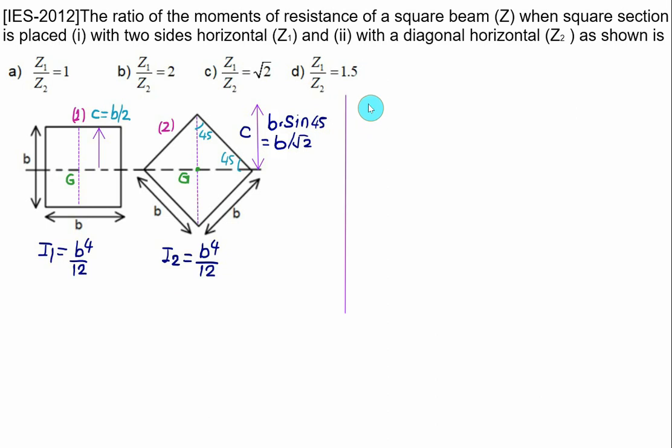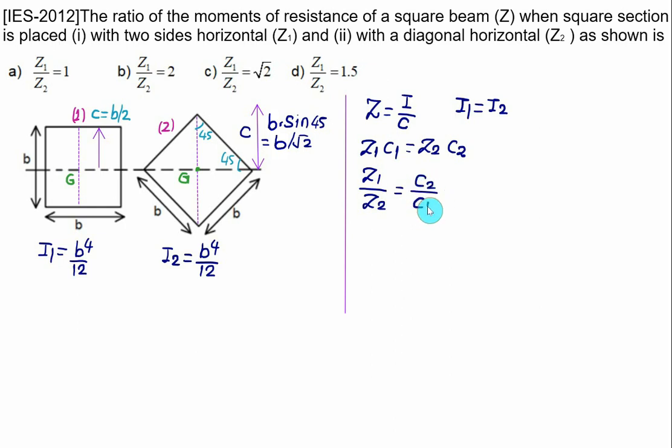Section modulus Z here is given as the ratio of moment of inertia I divided by C. Since here we have I1 equal to I2, we can claim that Z1 C1 is equal to Z2 C2. And we have to find out the ratio of Z1 by Z2. So we have Z1 divided by Z2 equal to C2 divided by C1.